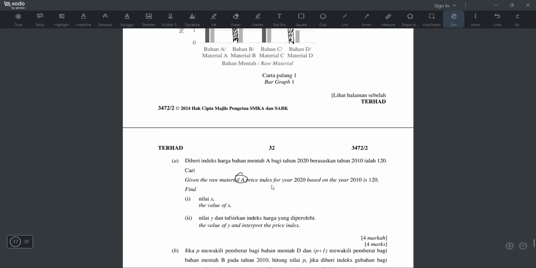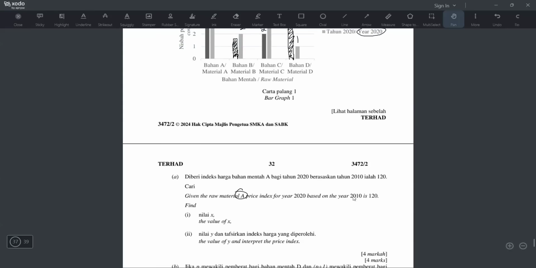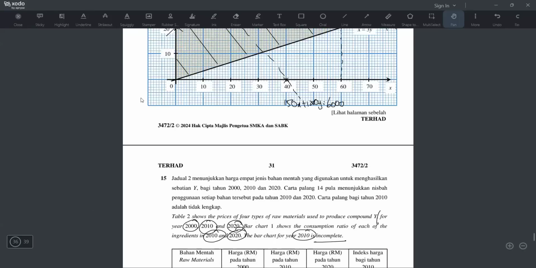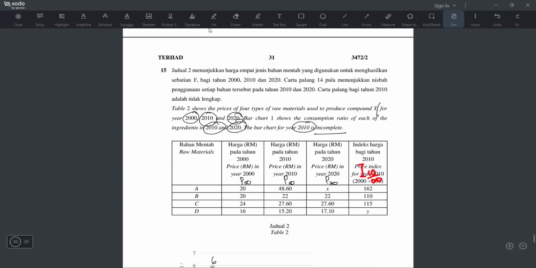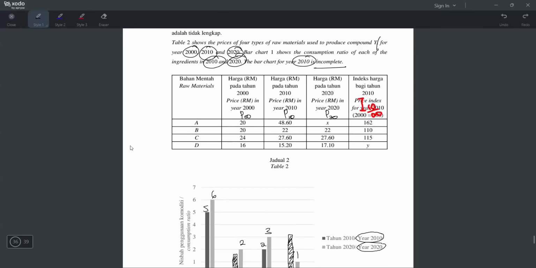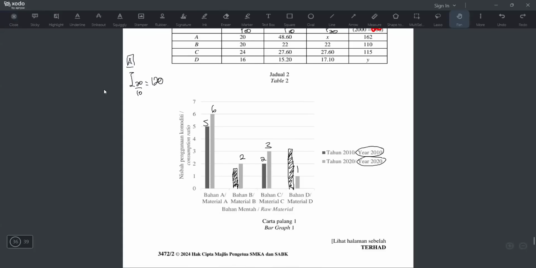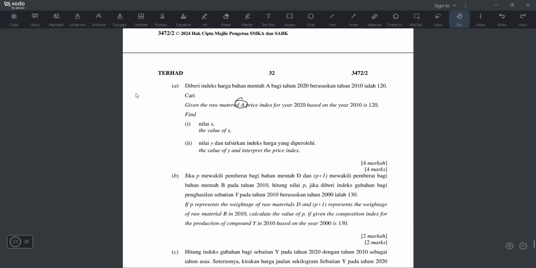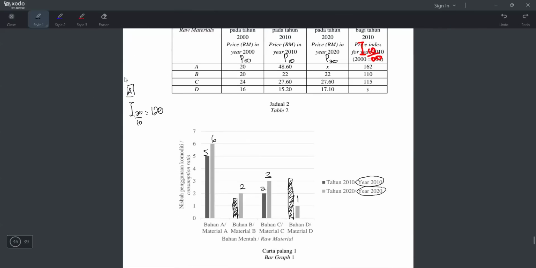Given the raw material A price index 2020 based on year 2010 is 120, find the value of X. So 2020 based on 2010 is 120. So they mentioned A, and the price index for 2020 based on 2010 is 120. Okay, so this is the information. Find the value of X. So question 1.